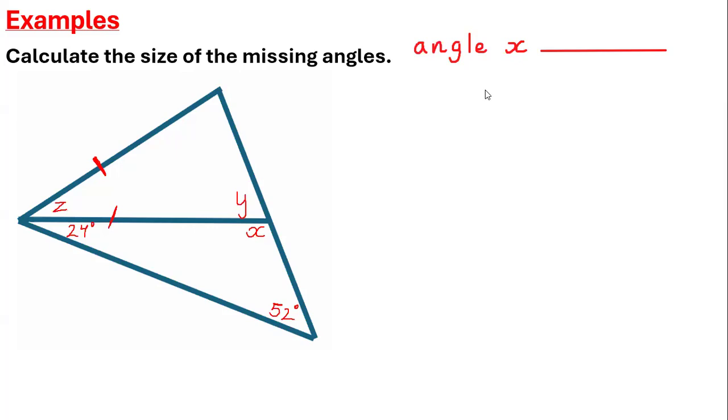All angles in a triangle equal 180. Angles in a triangle add up to 180 degrees.